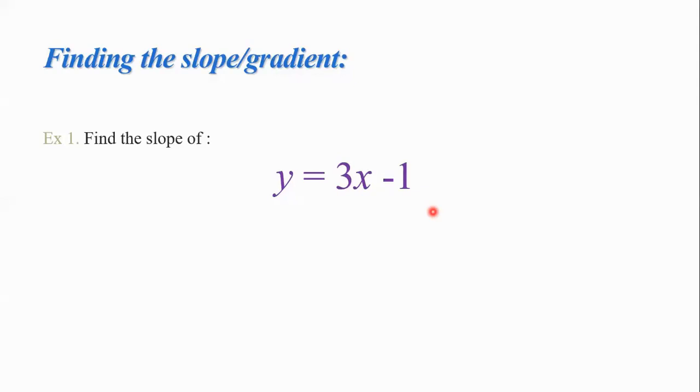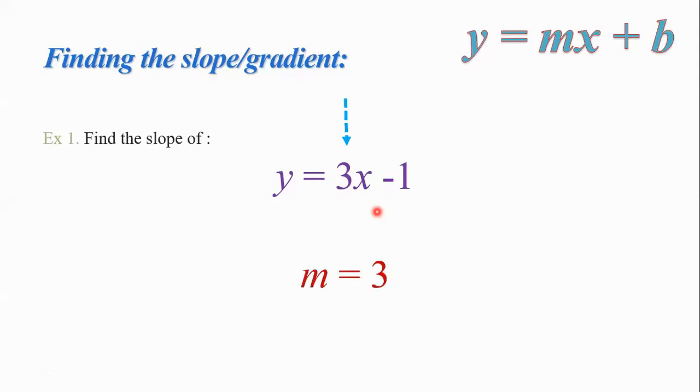Yes, it is in the slope-intercept form. And so right away, we can identify our slope. For this particular example, our slope will be the coefficient on x. And so therefore, my slope, identified by the letter m, is equal to positive 3. And that is it for this example.